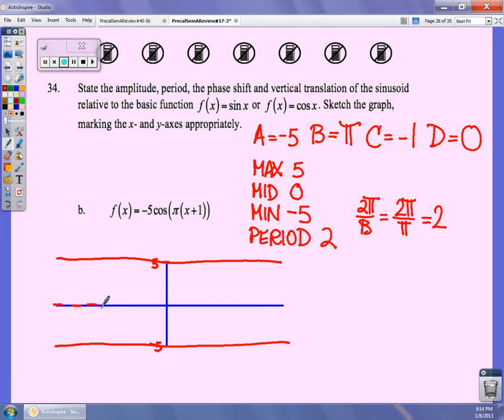Our midline is at 0. Put a dashed line in there. Our period is 2. So let me locate 2 here. Halfway there would be equal to 1.